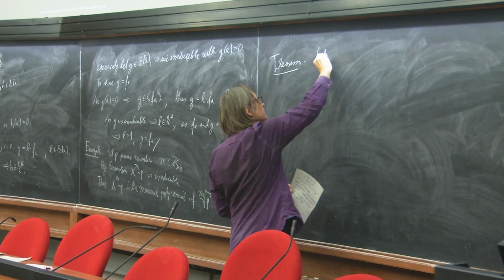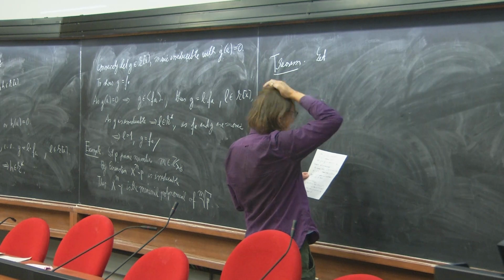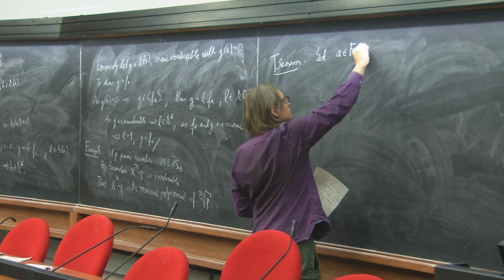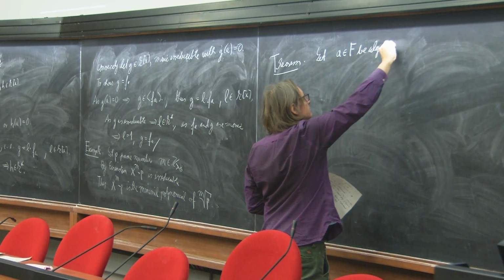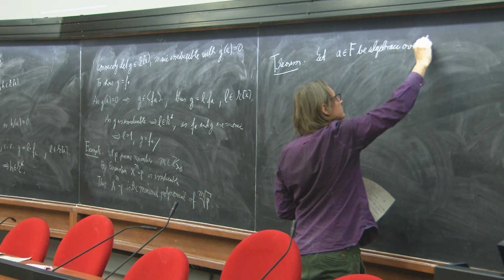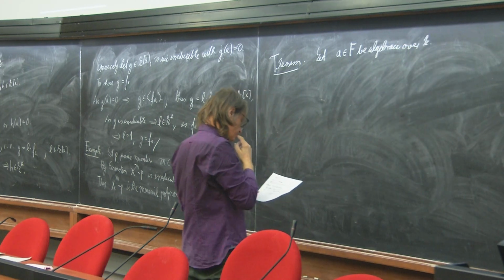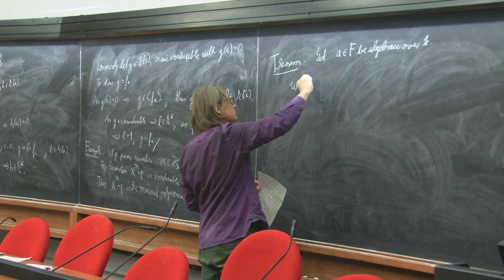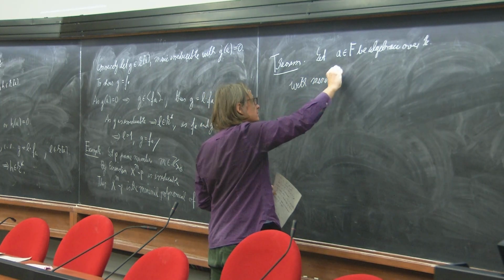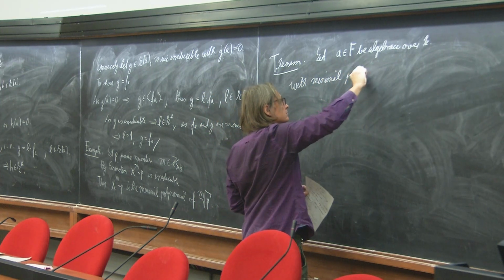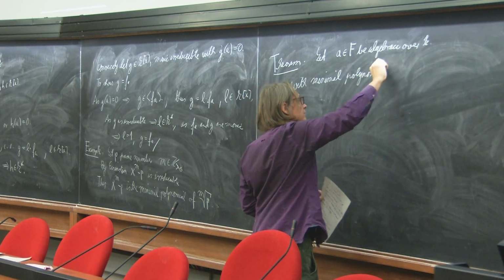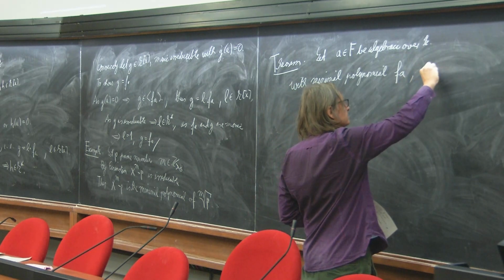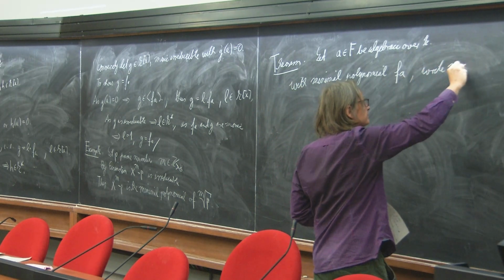Let a be algebraic over K with minimal polynomial fa, and we write m for its degree.